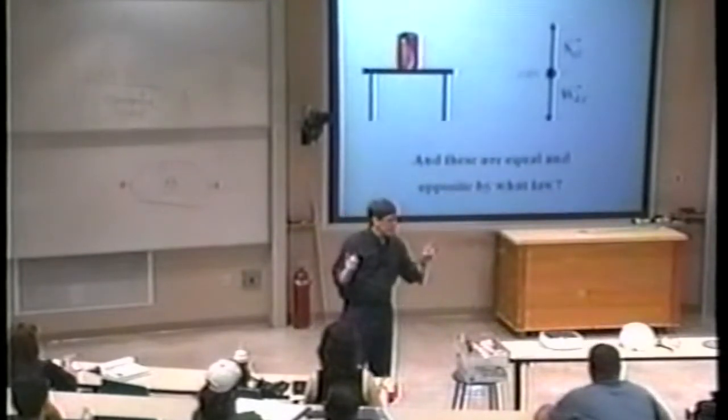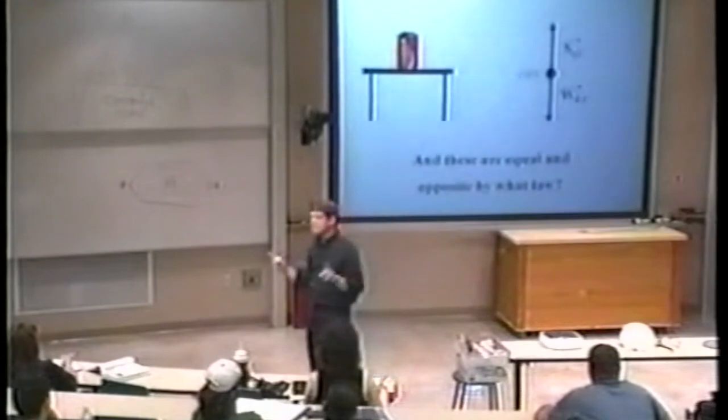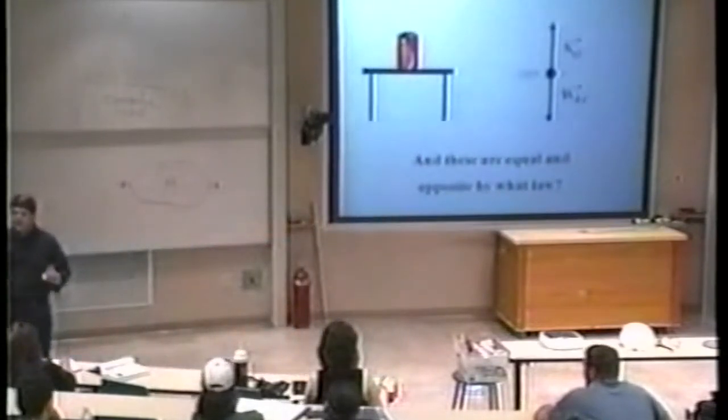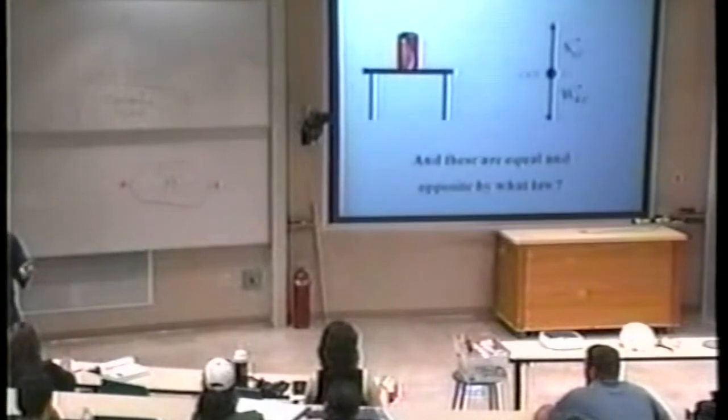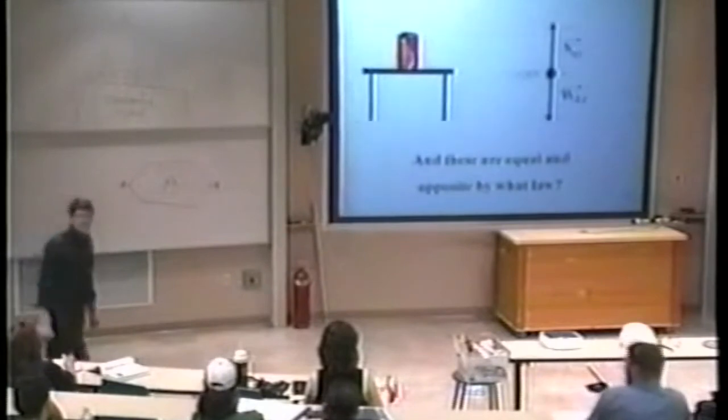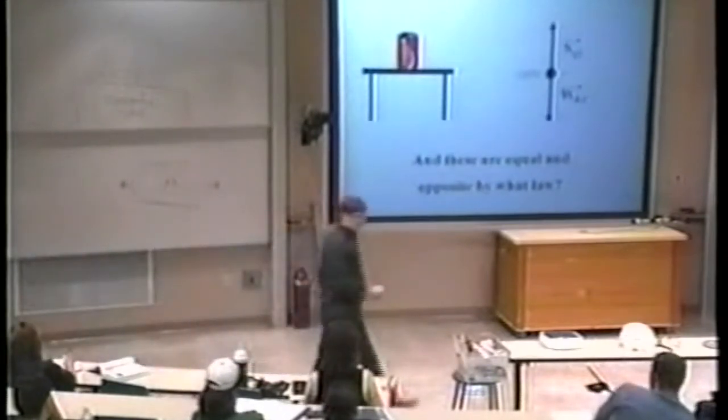Second or third? That's where all the points are on the next exam. You're going to have to justify why two forces are equal and opposite. Are they equal and opposite by the second law or the third law? I'm hearing second, I'm hearing third.